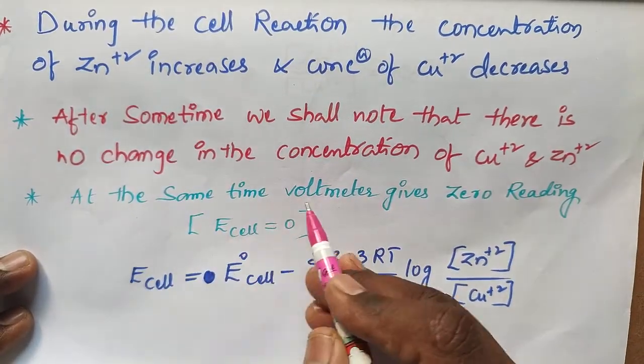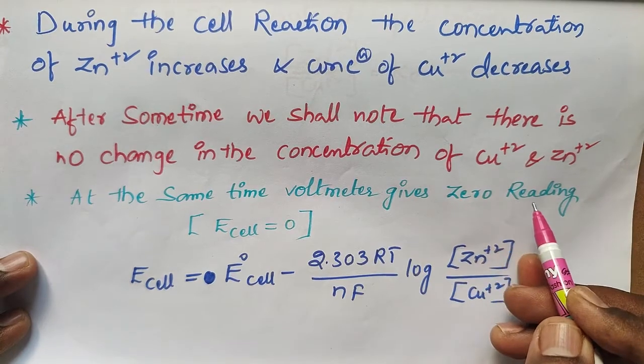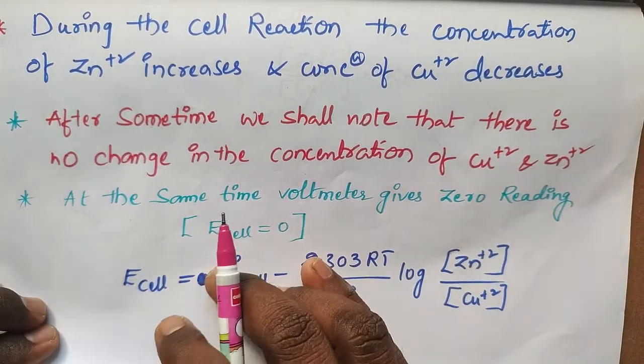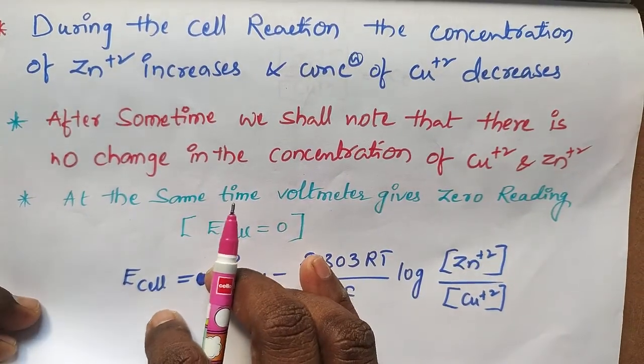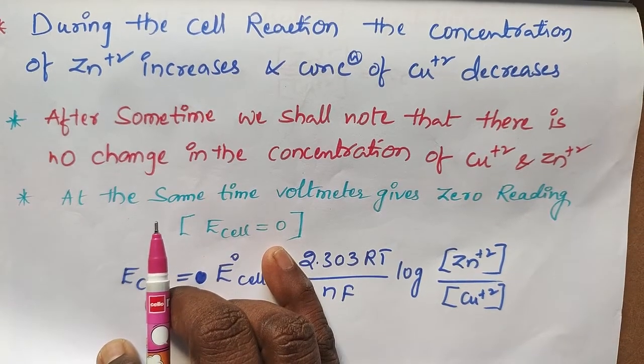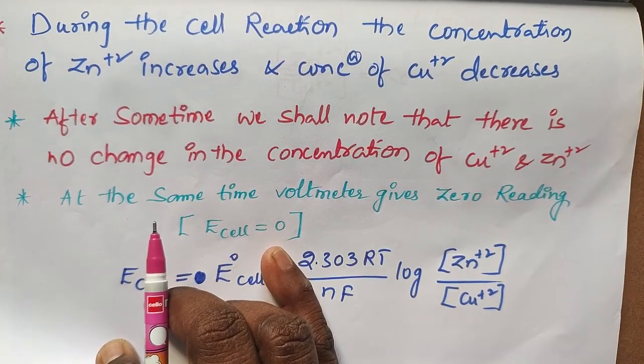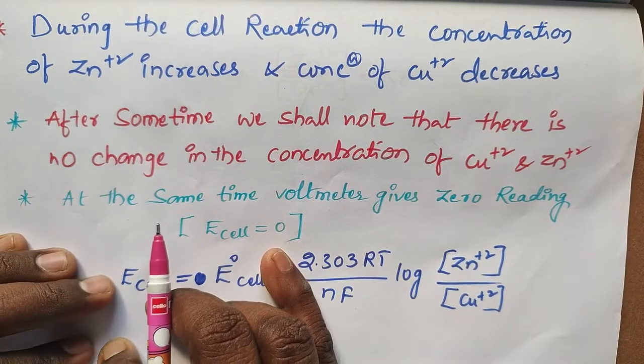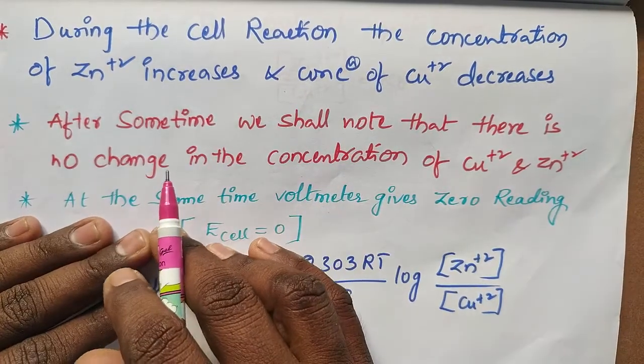At the same time, the voltmeter gives 0 reading. What does that mean? The concentration difference between the anode and cathode has attained equilibrium, that is, there are no concentration changes.